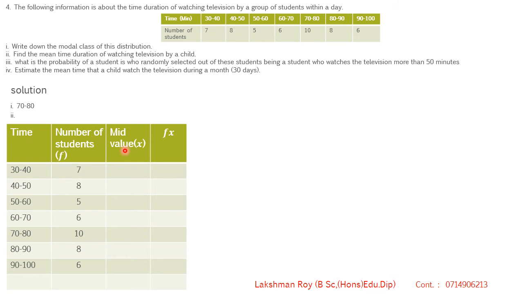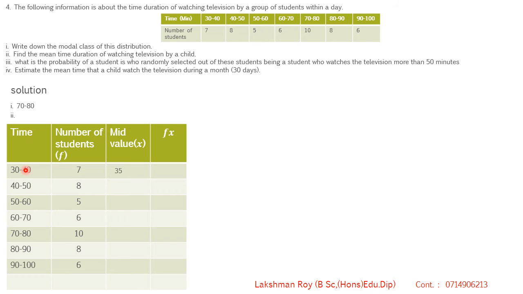So students, you know how to calculate the mid value, right? Mid value means the mid value of each class interval. How to find the mid value? Add these 2 values, 30 plus 40, then divide by 2. That is the mid value of the class. 30 plus 40 is 70, divided by 2 is 35.